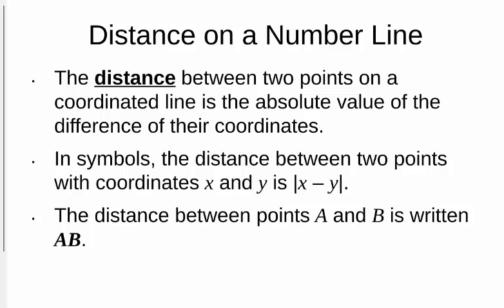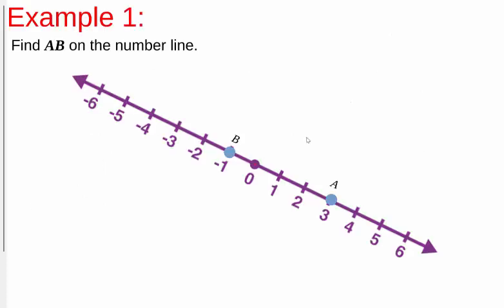So let's look at an example. Find AB on the number line. All right. So what we would do, we'd say, okay, A, we look, is 3. And B equals -1.